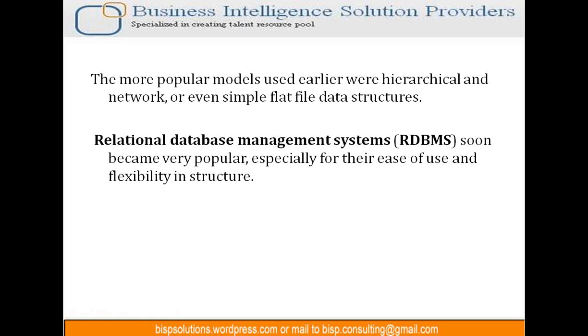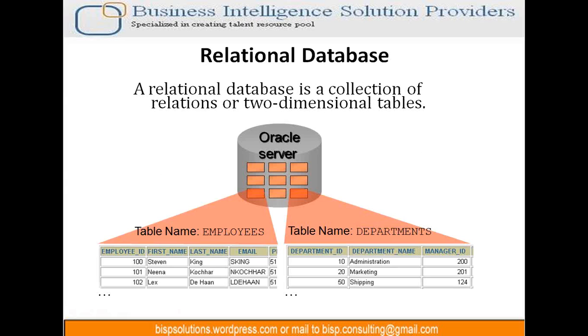So this became very popular as people could visualize this easily and store data in it easily. So a relational database is nothing but a collection of tables, and a table in turn is nothing but a collection of rows and columns.